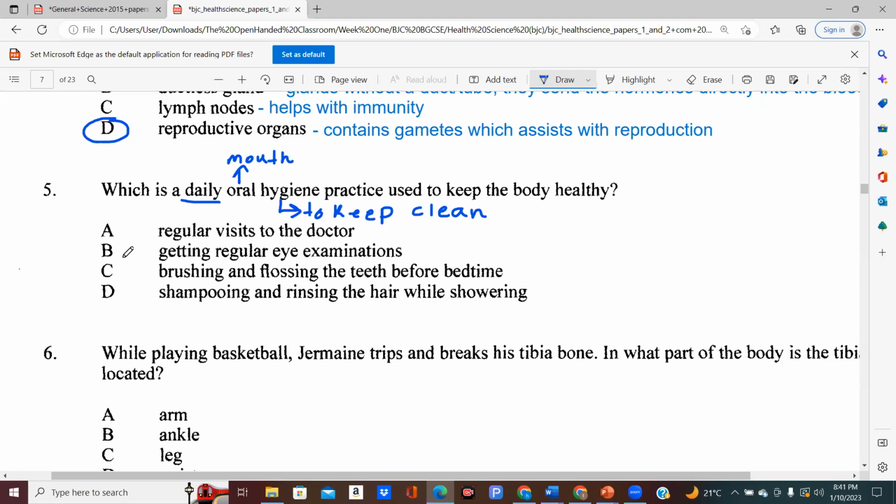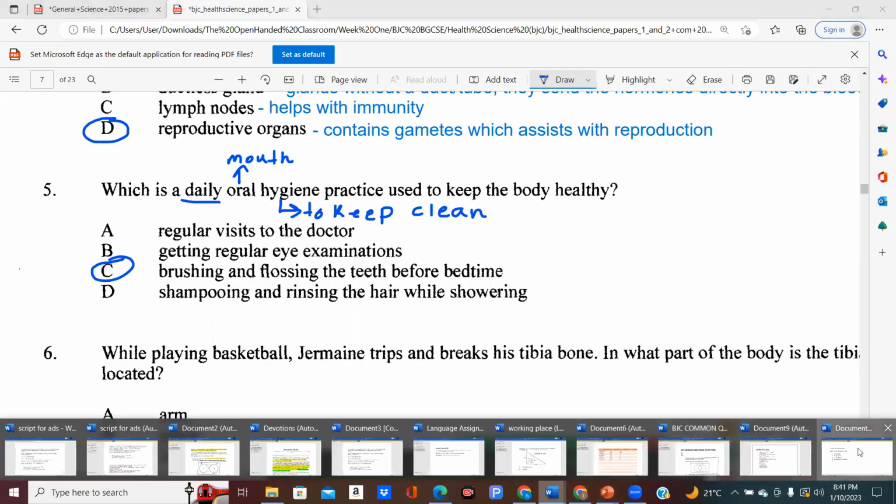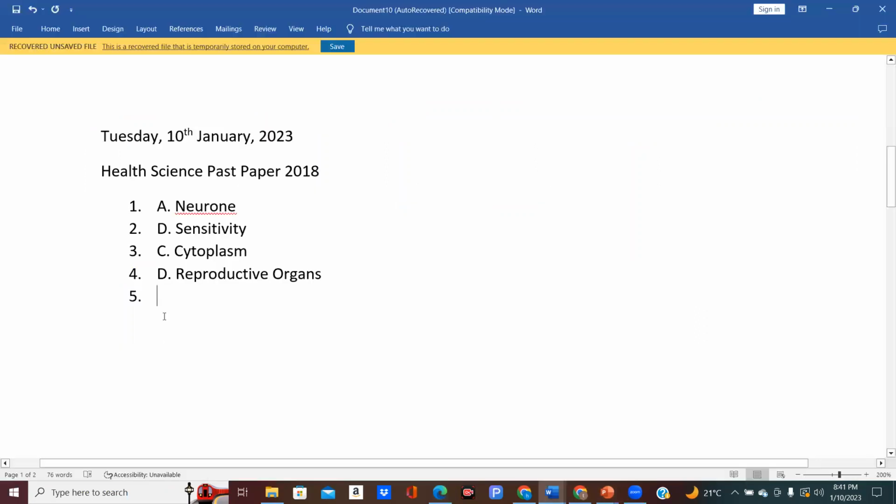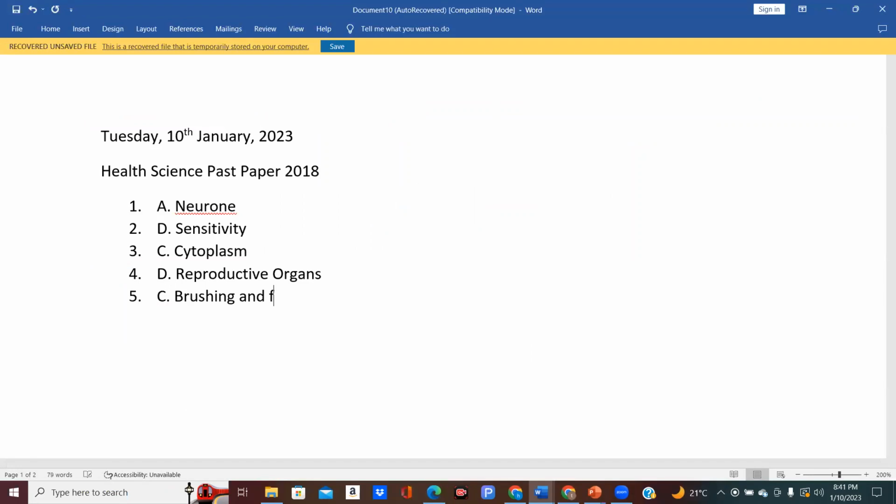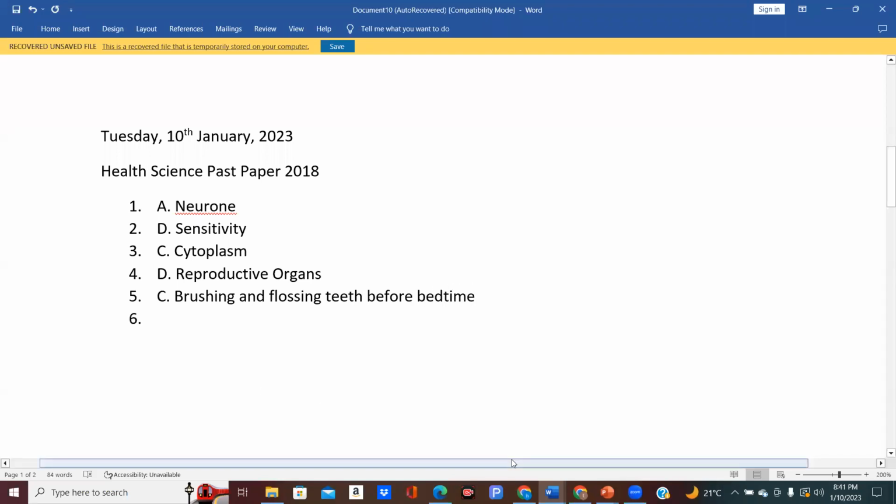Okay. The correct answer is C, brushing and flossing teeth before bedtime. So 5 is C, brushing and flossing teeth before bedtime. All right, number 6.